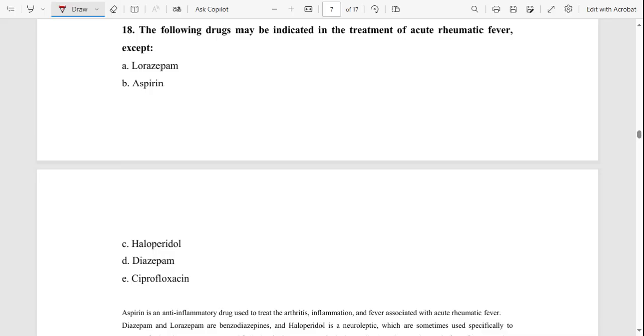And then you have got the minor criteria, where you are going to look at the C-reactive protein, the ESR.